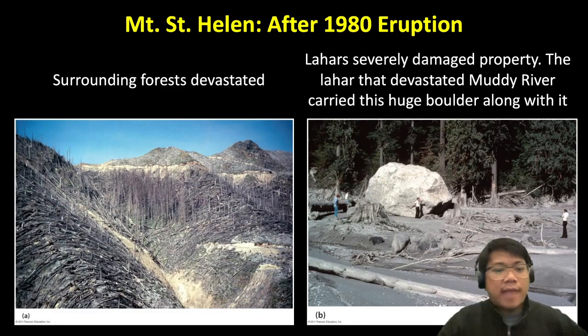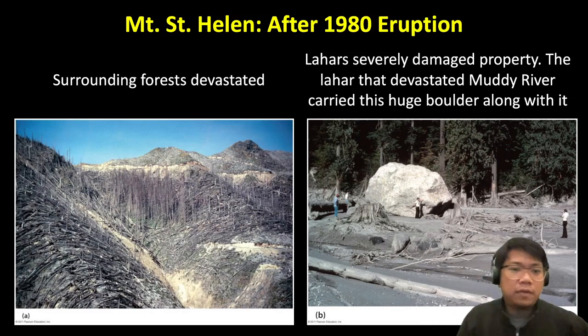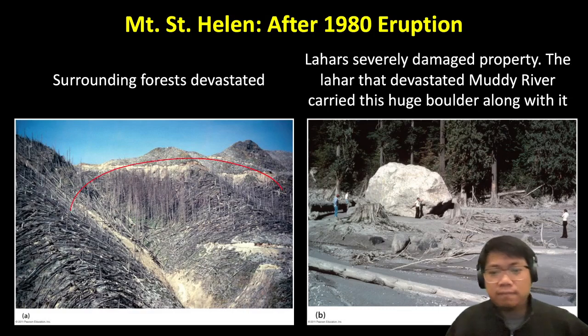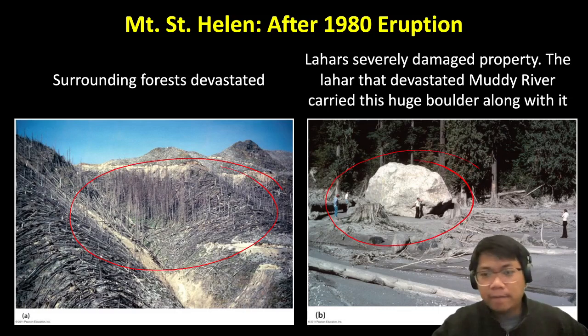This is the aftermath of the 1980 eruption of Mount St. Helens. The surrounding forests are devastated, and lahar flows bring lots of debris everywhere, especially along the river path.